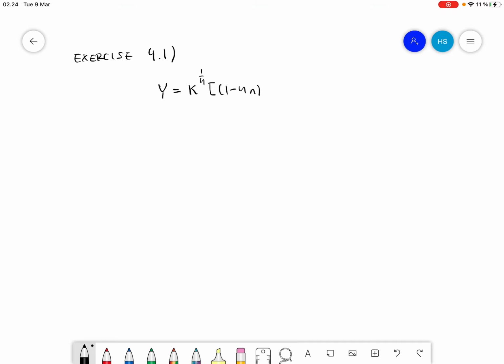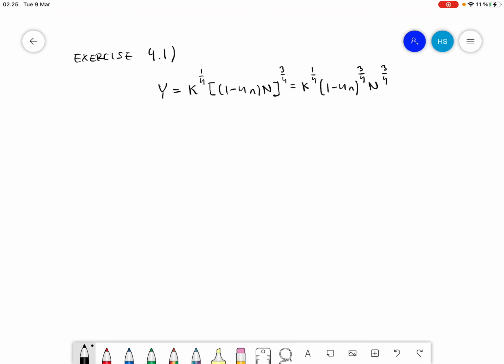So writing up the production function, we can rewrite it to K to the power of 1/4 times (1 minus the natural unemployment rate) to the power of 3/4 times N to the power of 3/4.